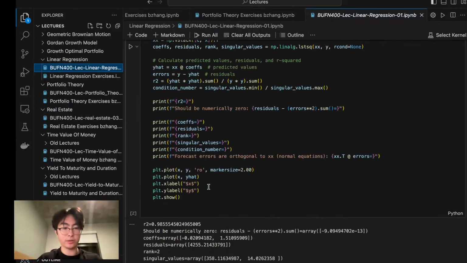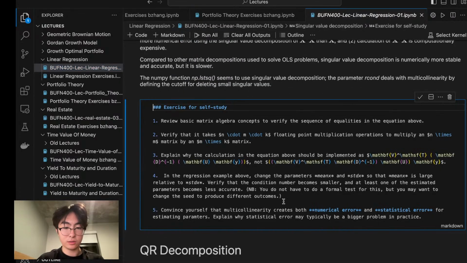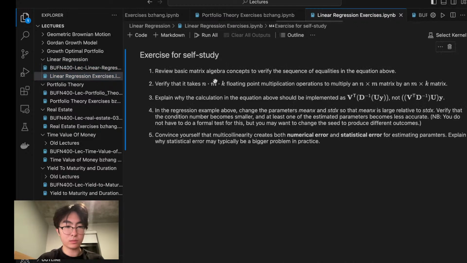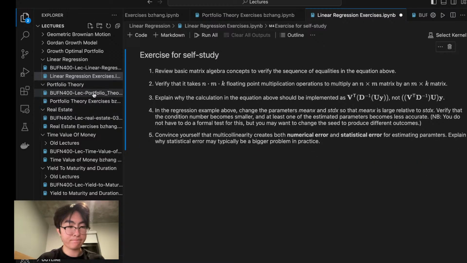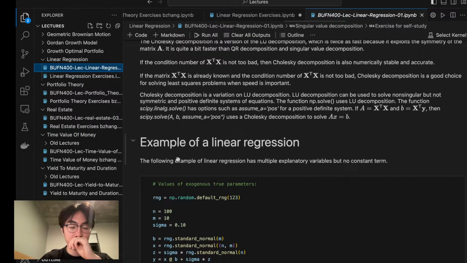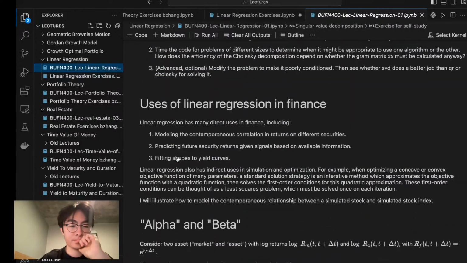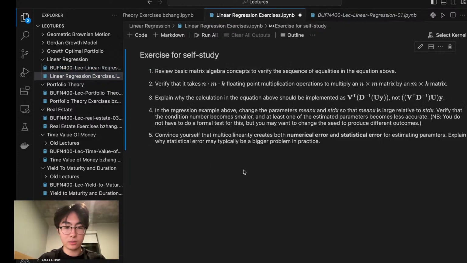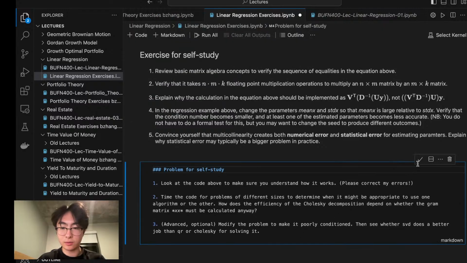Okay, ordinary least squares. Call the singular value decomposition. Ooh, is that the same? Oh yeah. Problem for self-study. Markdown.